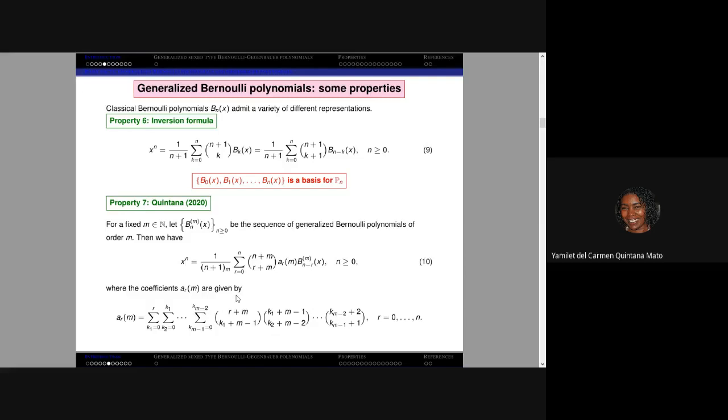A similar property to the inversion formula in the classical setting holds for sequences of generalized Bernoulli polynomials when the order of this polynomial is taken as a natural number. This is the content of property 7.